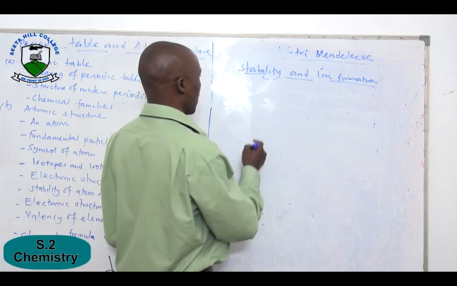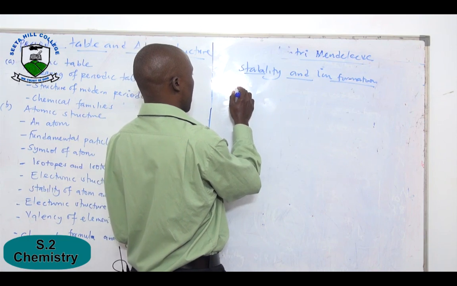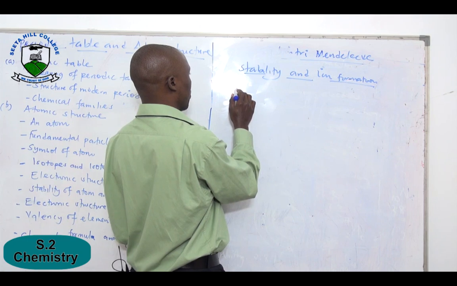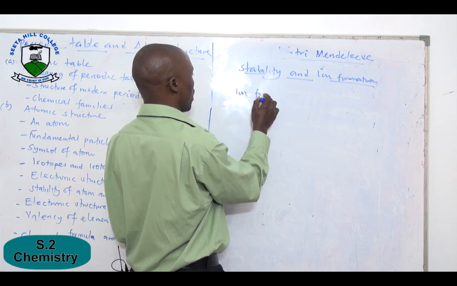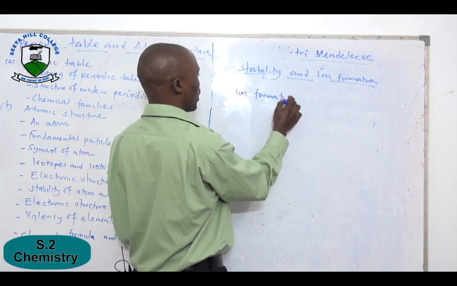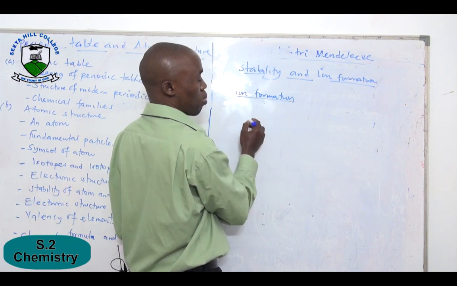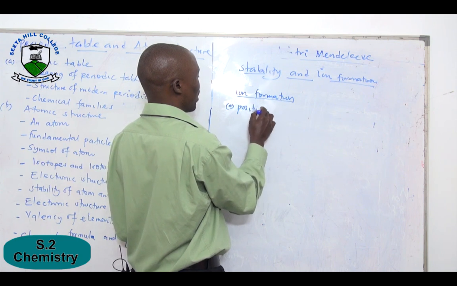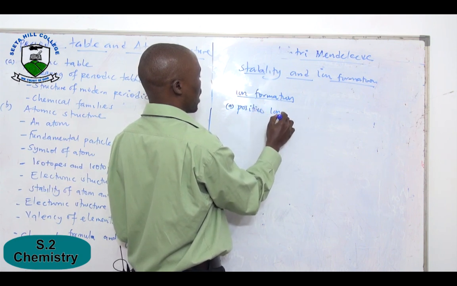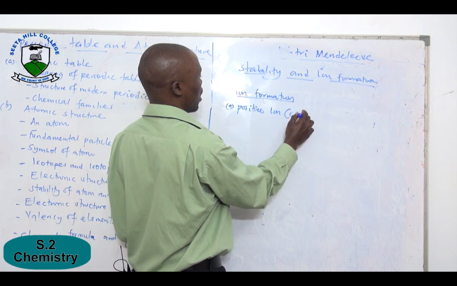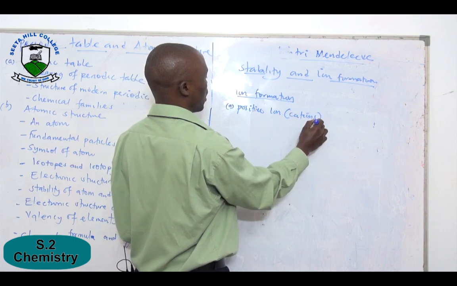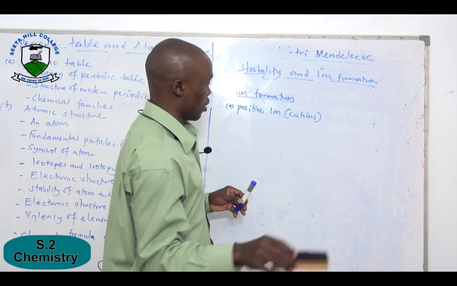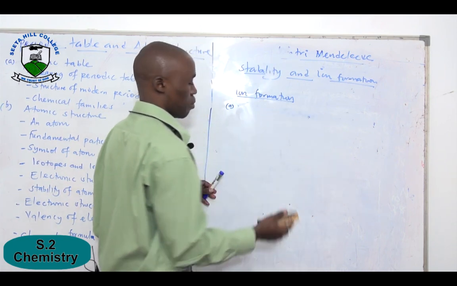Ion formation occurs when atoms want to gain stability. Have we said so? Yes. Now here we shall have formation of positive ions. Let me write it well here.